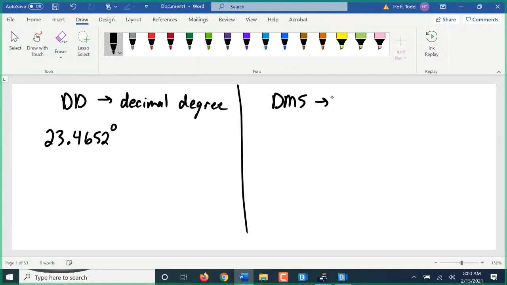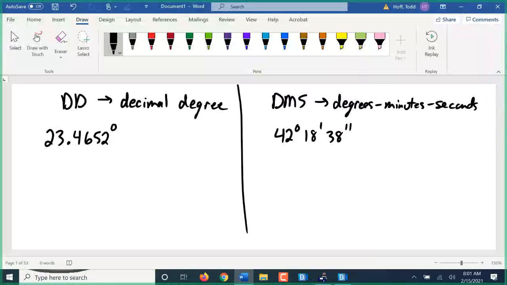DMS stands for degrees, minutes, and seconds. I might have an angle at 42 degrees, 18 minutes, 38 seconds. Now I purposely made those different angles so you don't think they're the same angle in different notation.